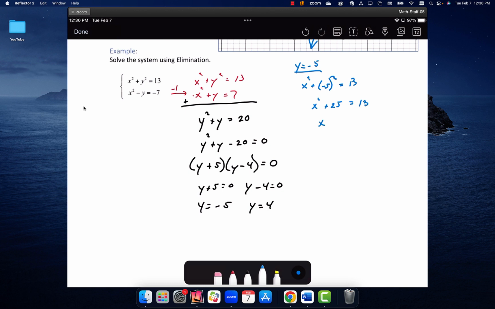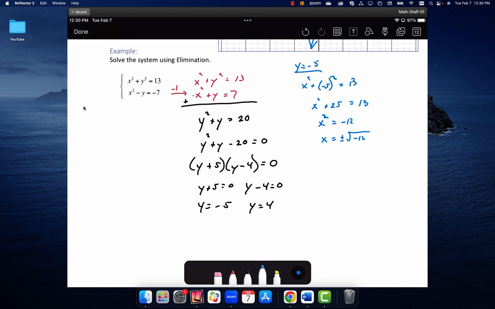Subtract 25 on both sides. And we get x squared is equal to -12. And now when we take the square root of both sides, we're getting plus or minus the square root of -12, which is an imaginary number, which means that can't happen. So that point we're going to ignore. It's not part of the solution. It can't be there because we're getting imaginary numbers.